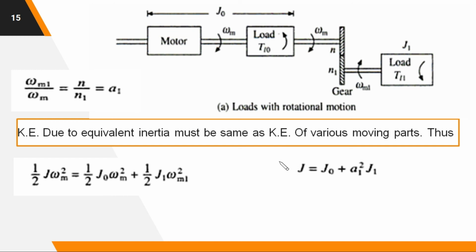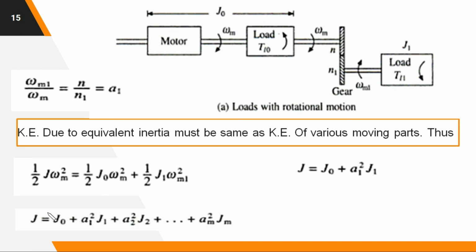So the total kinetic energy will be equal to the addition of the kinetic energy of various parts, and when we cancel out the equation, J is equal to J0 plus a1 square into J1.